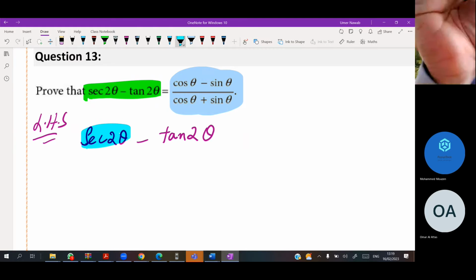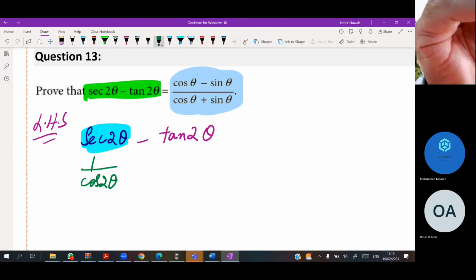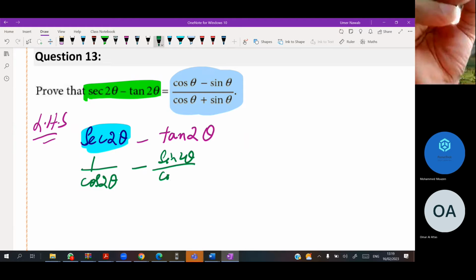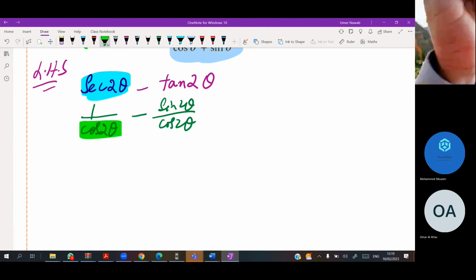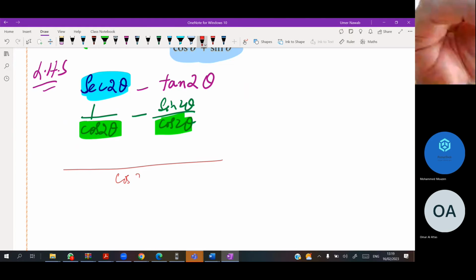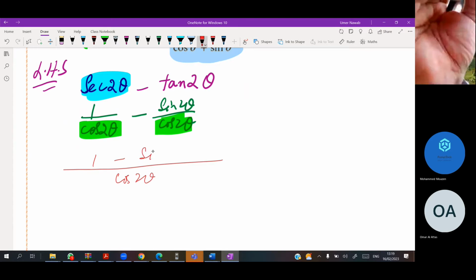Now secant of 2 theta can be written as 1 over cosine of 2 theta, and tan 2 theta is sine of 2 theta over cosine of 2 theta. Since the denominators are the same, we'll draw the big line and just copy cosine of 2 theta. In the numerator, we have 1 minus sine of 2 theta.